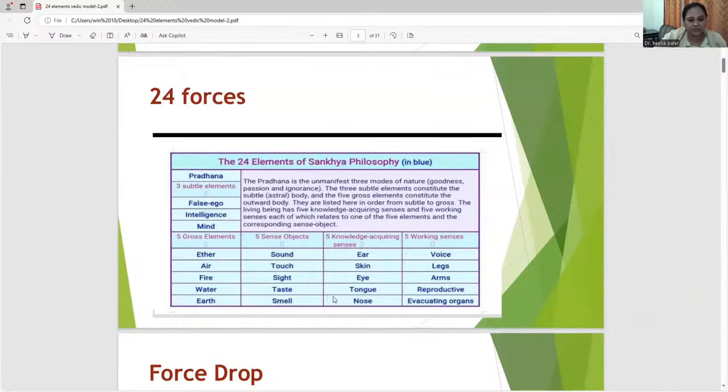The sense organ is the nose, and we smell everything with our nose. We also have evacuating organs, and we release everything through them. Stools and urine smell bad because they are full of negativity and toxins. So the earth element has smell as its sense object.